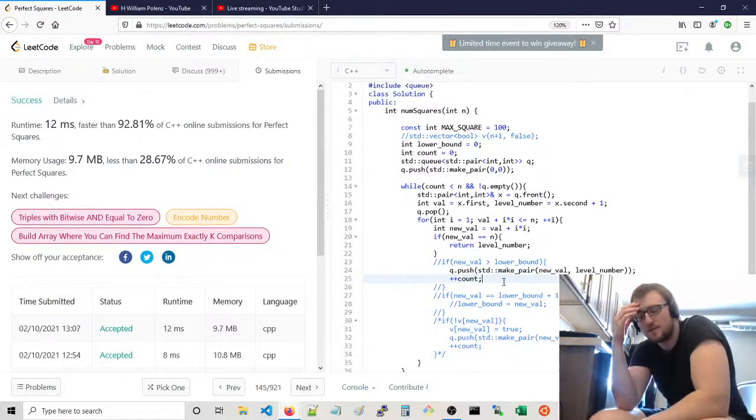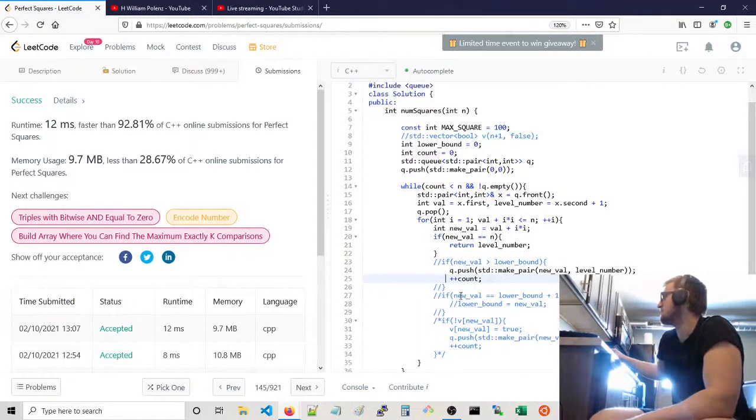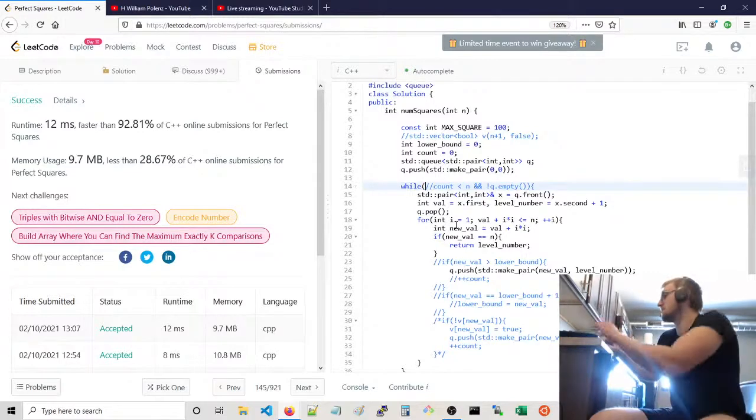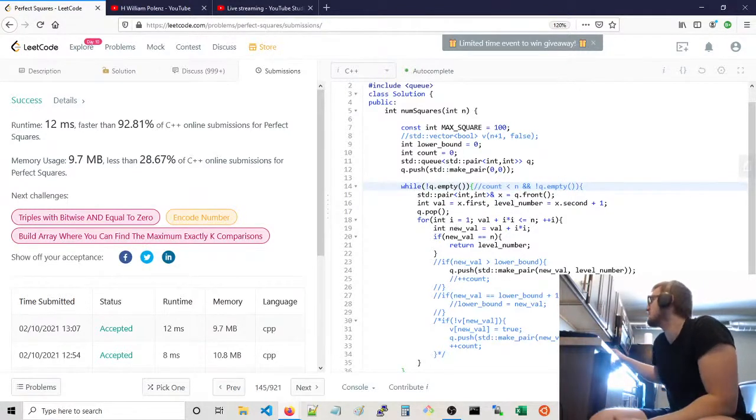Oh, I see the problem. We don't have the right value for the count, so actually we don't even need that anymore, do we? That's why we're getting the wrong answers.